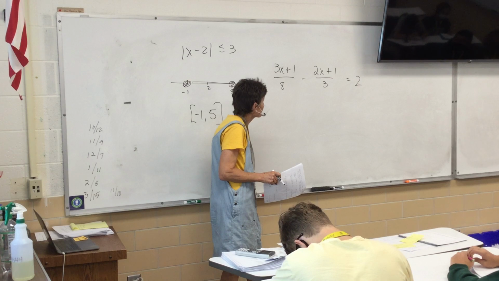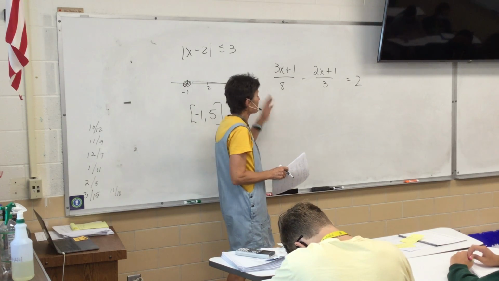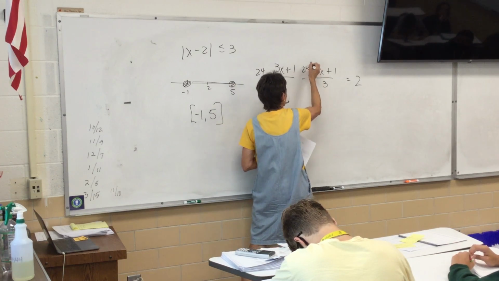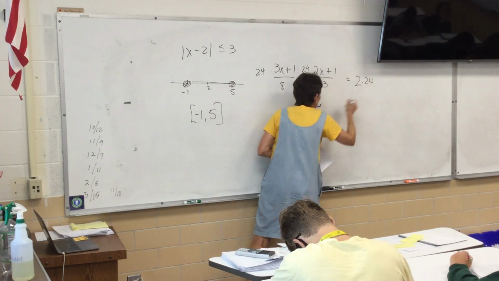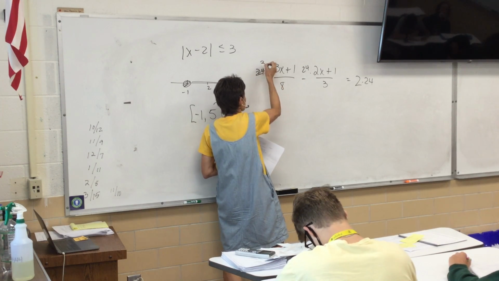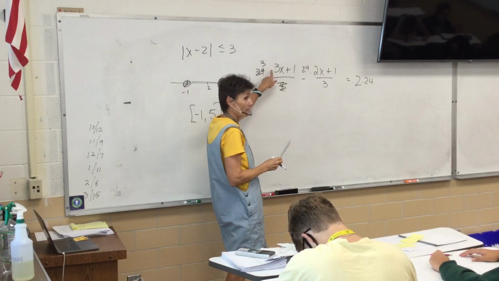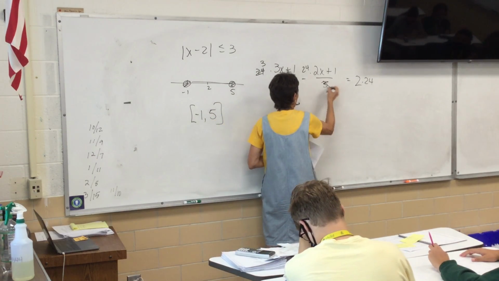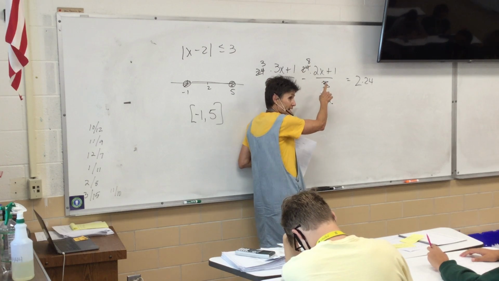Well, ultimately, when I multiply by 24, 8 goes into 24 3 times. So this is gone, and I end up multiplying by 3, and then this will be gone, and I'll end up multiplying this one by 8.